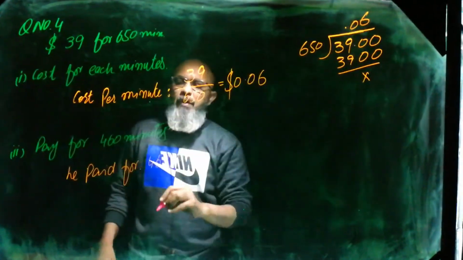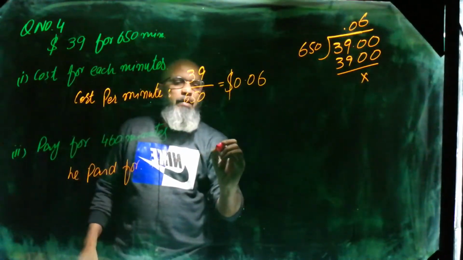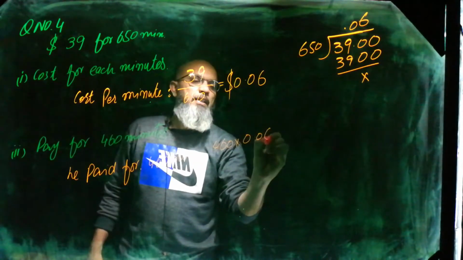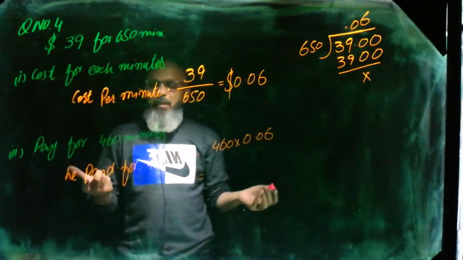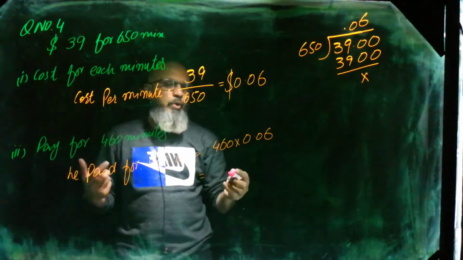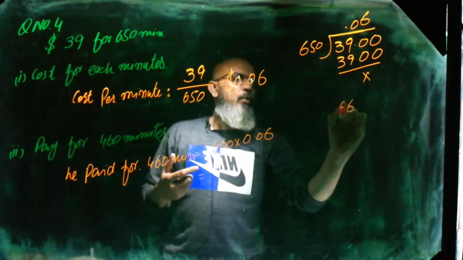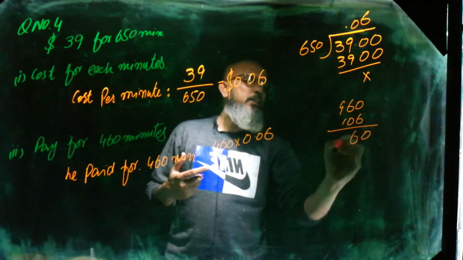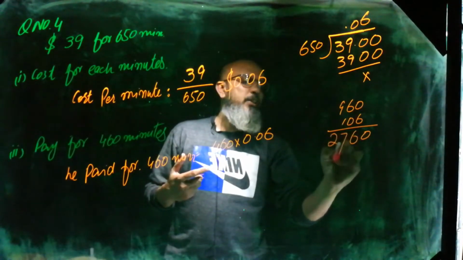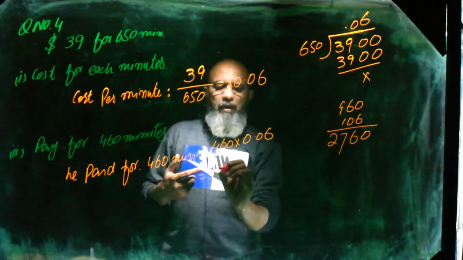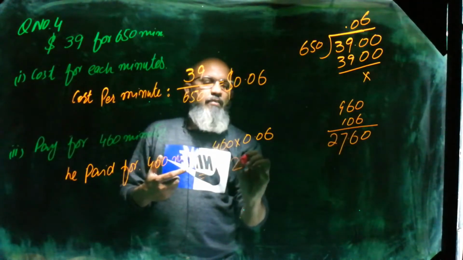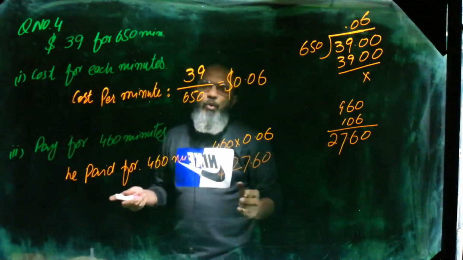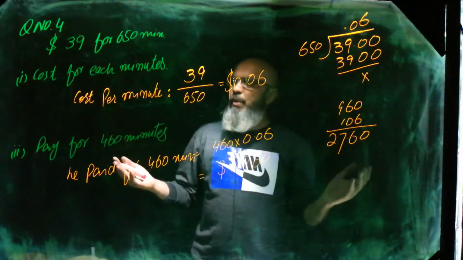What you have to do, simply you will multiply 460 by 0.06. Again it's a multiplication process. You are in class 7, so you can do it easily. 460 multiplied by 0.06, 6 6s are 36, 3 and 27, 1 2. So you have to pay $27.60. So that is the last question of today's lecture.